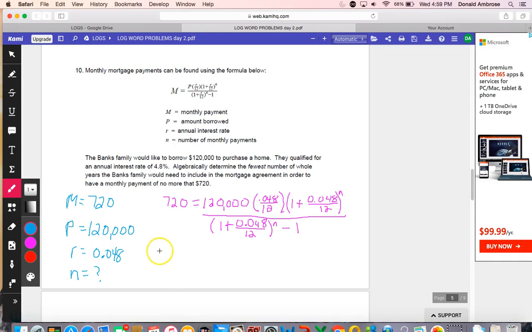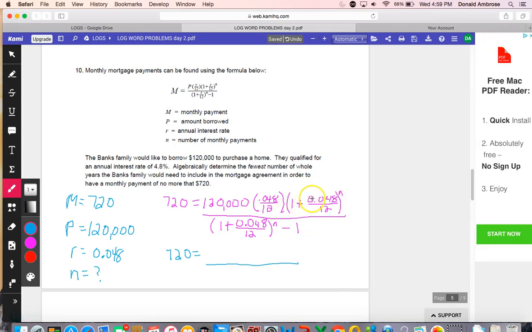And so one of the things we can start doing is there's certain computations we can start actually performing. For example, what's inside the parentheses, this 1 plus 0.048 over 12, we can actually calculate what that's equal to. And that should end up being just 1.004, and that would be raised to the nth power.